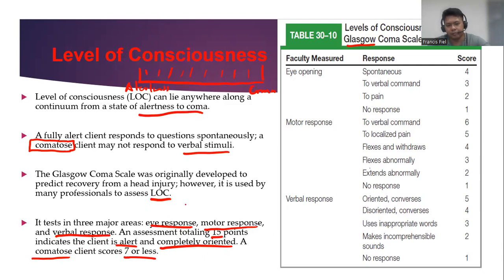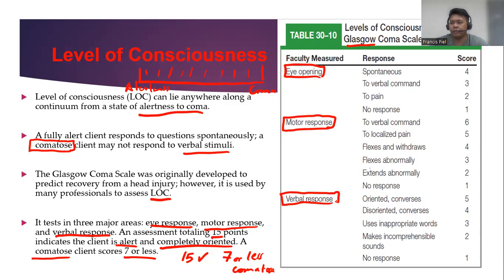So, a score of 15 is perfect, then a score of 7 or less is considered comatose. So, we have eye opening, motor response, and your verbal response.